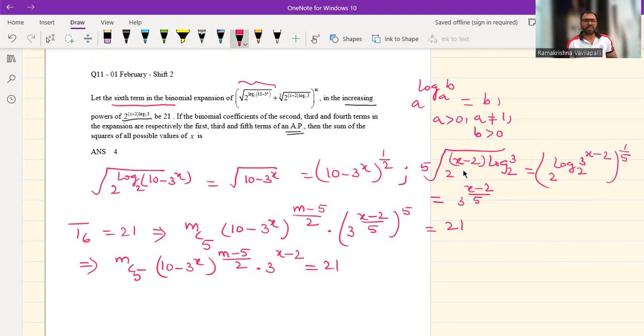So to find the value of m here, the binomial coefficients of the second, third, and fourth terms in the expansion are respectively the first, third, fifth terms of an AP. So we need to find the value of m using this information.